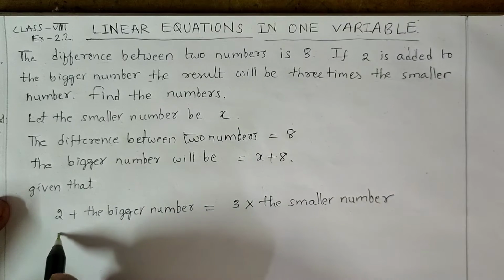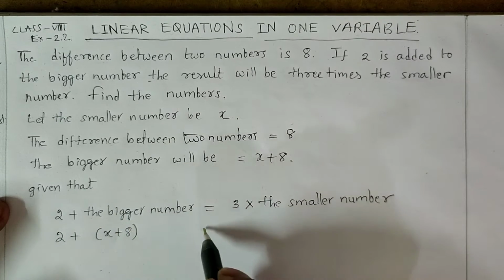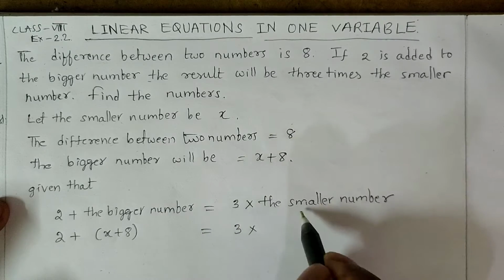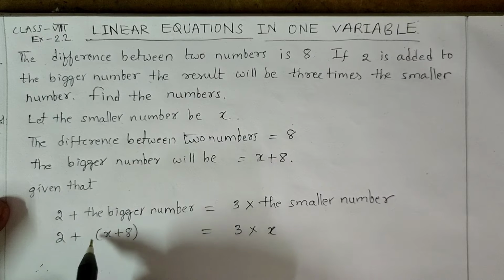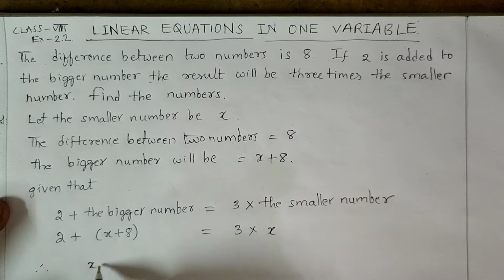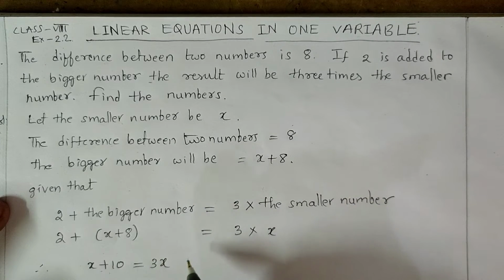So 2 plus the bigger number is x plus 8, right, equals 3 into the smaller number, which is x. Now, 2 plus 8 will become 10. So x plus 10 equals 3 into x, which is 3x.